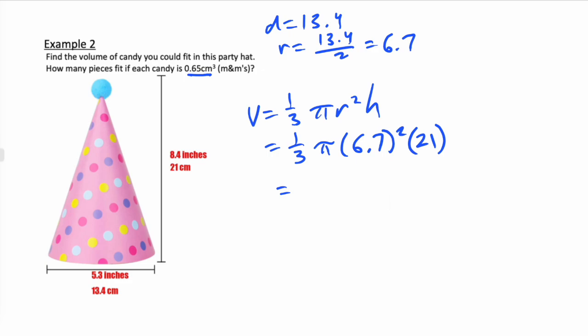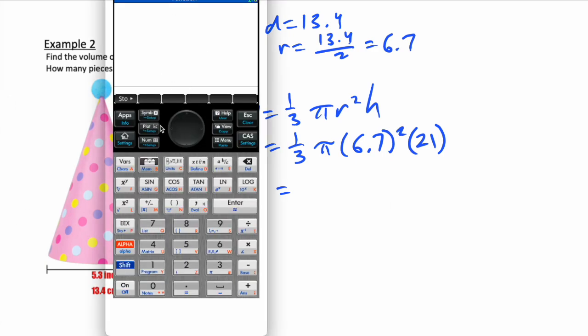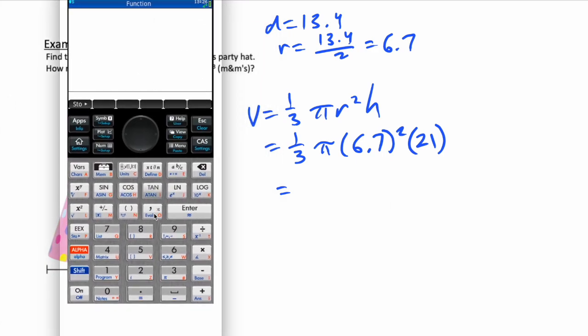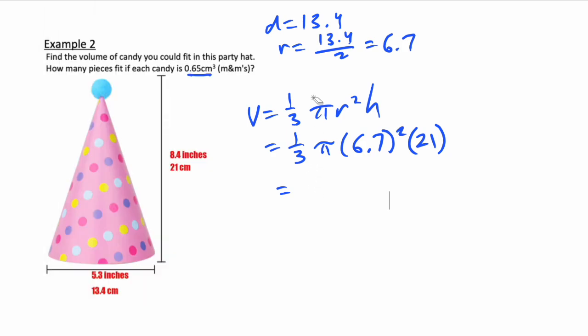So let's type that into the calculator. 1/3 times pi times 6.7 squared times 21. Okay, that rounds to 987, but that's not our final answer, so we don't need to round it actually.